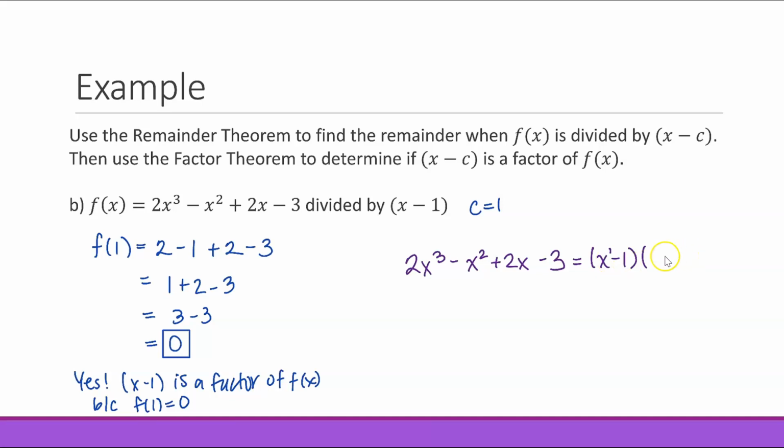So times, and then some degree 2 polynomial would be left over, because that's the only way I'm going to get 2x cubed. So in fact, it's going to have to be something like 2x squared plus some stuff, right? With no remainder. That's the whole point, like plus 0, because we just found that the remainder was 0. So we don't know the remaining polynomial yet, but that's what's coming up pretty soon.